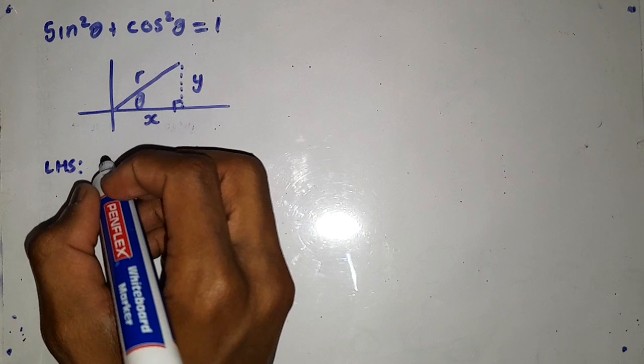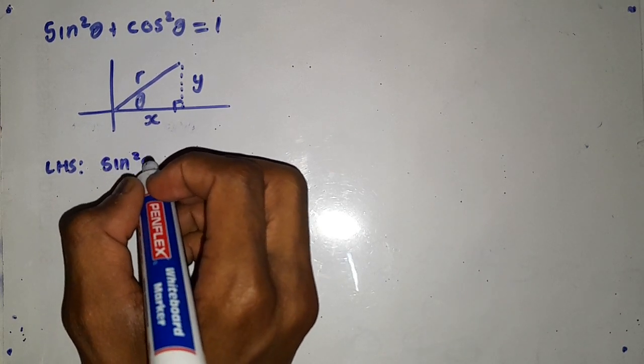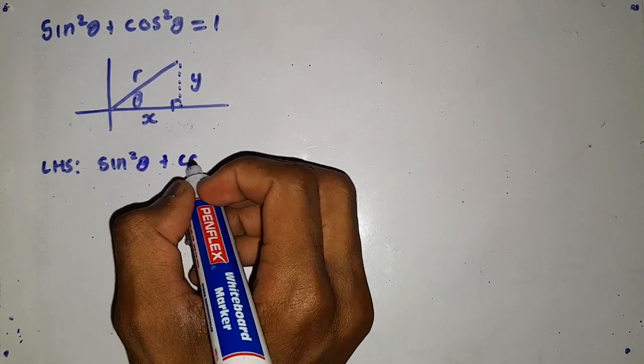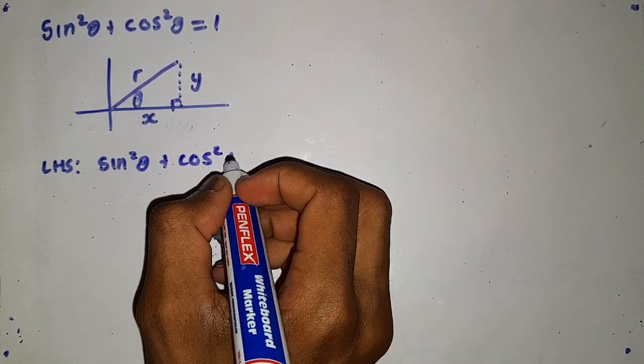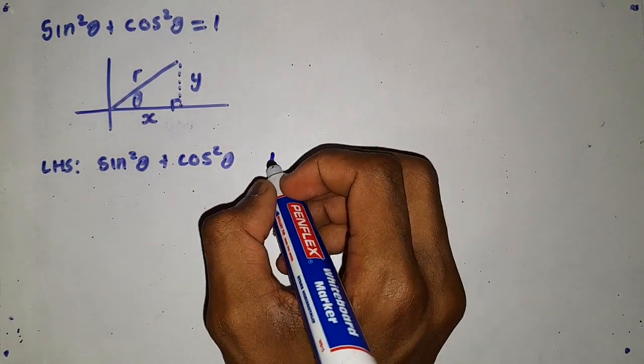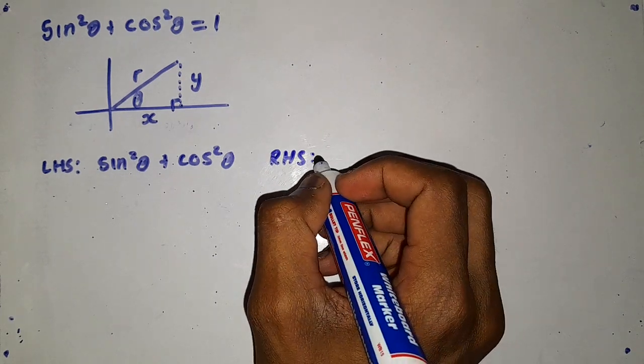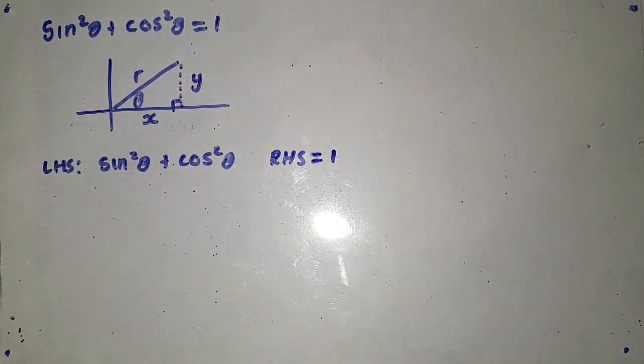The left hand side is sine squared theta plus cos squared theta, like this. Then we know that our right hand side is equal to 1.